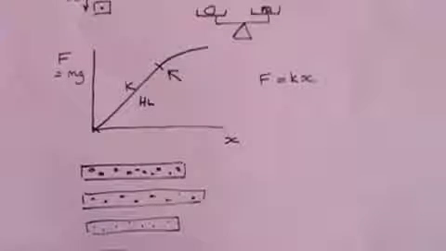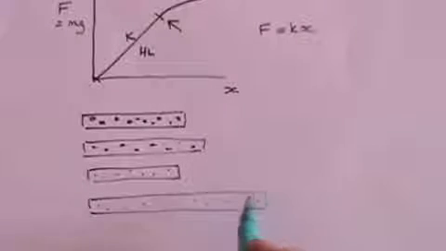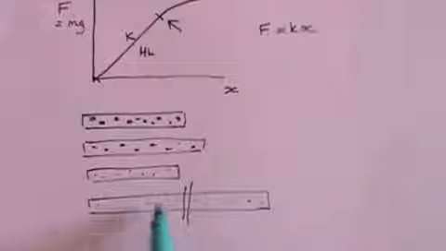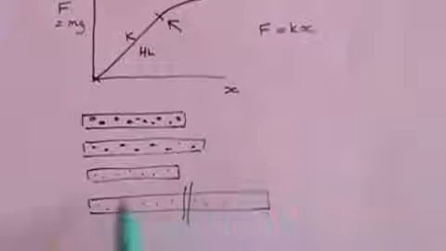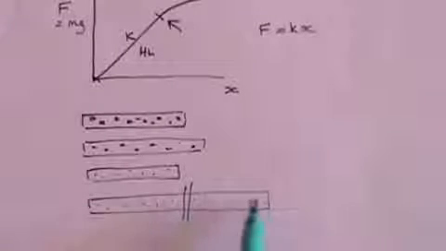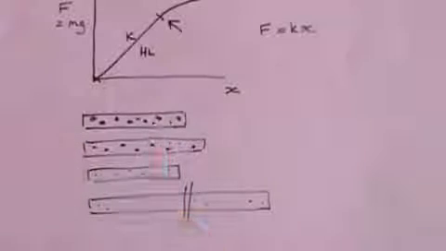But if you stretch the material too much, either the bonds will break and therefore the actual material will break and the elastic band will snap in half, or the atoms will become set in their new way and the spring or the elastic or the wire becomes permanently deformed. It no longer returns to its original position.